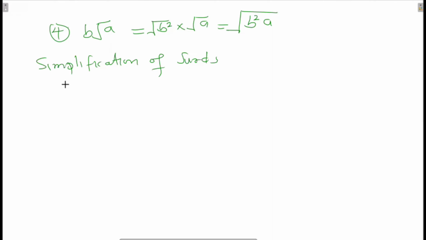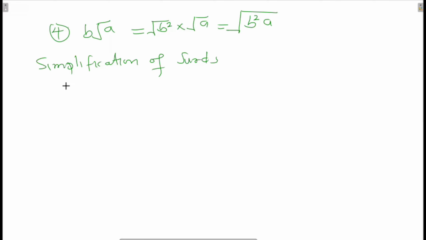The simplification of surds is needed when we have a bigger number inside our square root; we can't just leave it like that. We need to simplify it to make it a smaller thing that we can deal with. A surd with bigger numbers can be simplified by extracting out a perfect square.